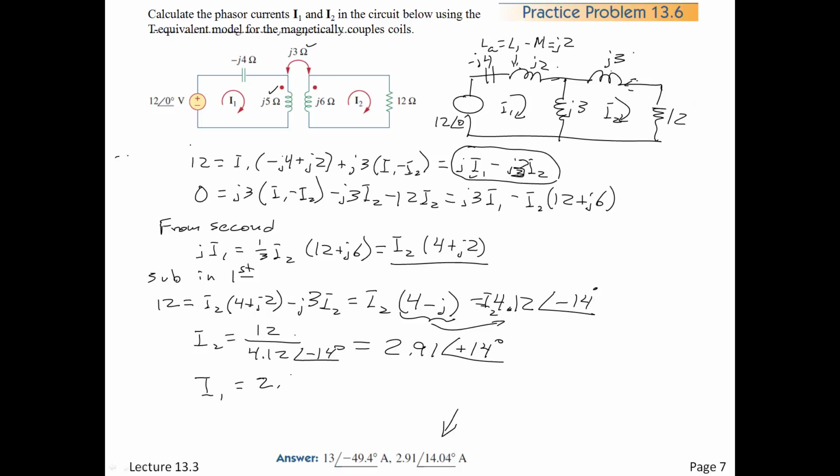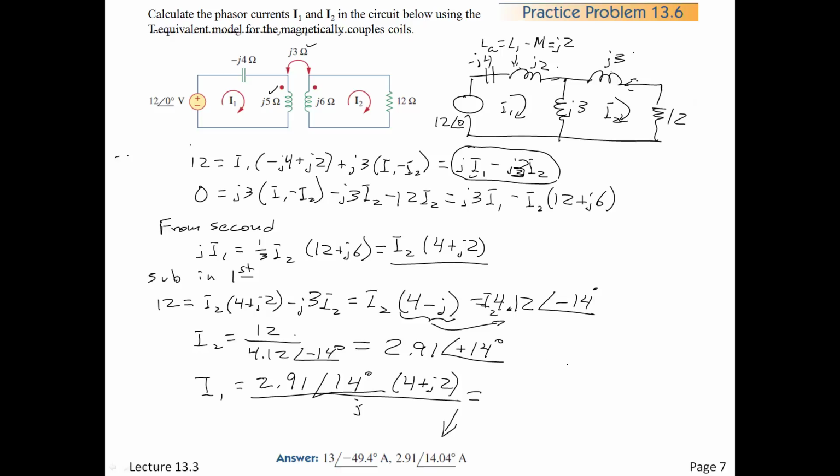The 2.91 at an angle of 14 degrees times 4 plus J2. All right, so I plugged in for I2, and then I'm going to divide all that by J. Whole lot of fiddling and fooling around there.